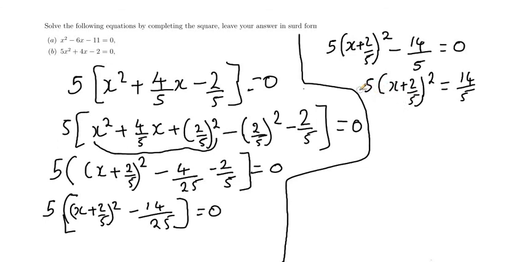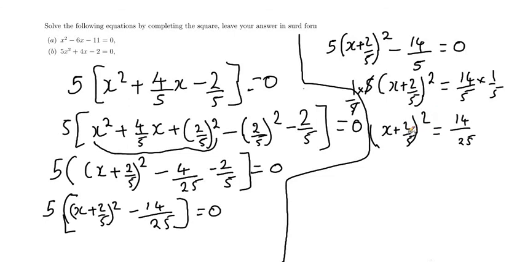We multiply by the reciprocal, meaning we multiply both sides by 1 over 5. The idea is we want to get rid of that, so that that and that goes, and here we'll remain with x plus 2 over 5 squared is equal to 14 over 25.